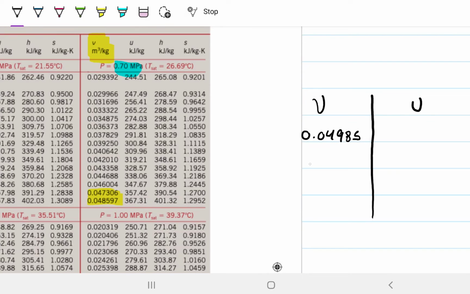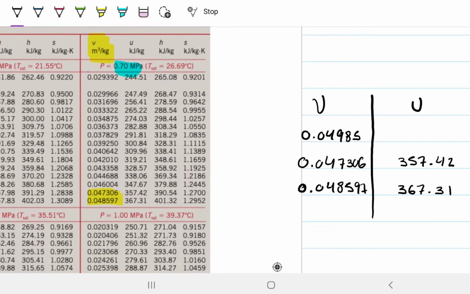The one that we have on the table is 0.047306, and that corresponds to an internal energy of 357.42. And the other one I have is 0.048597, and that one corresponds to 367.31.